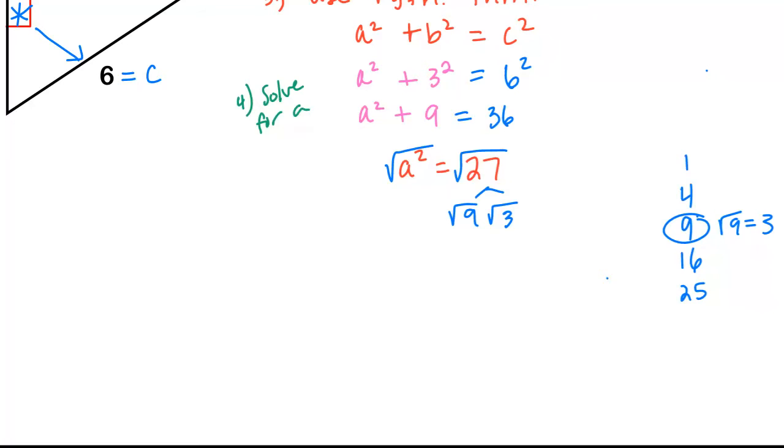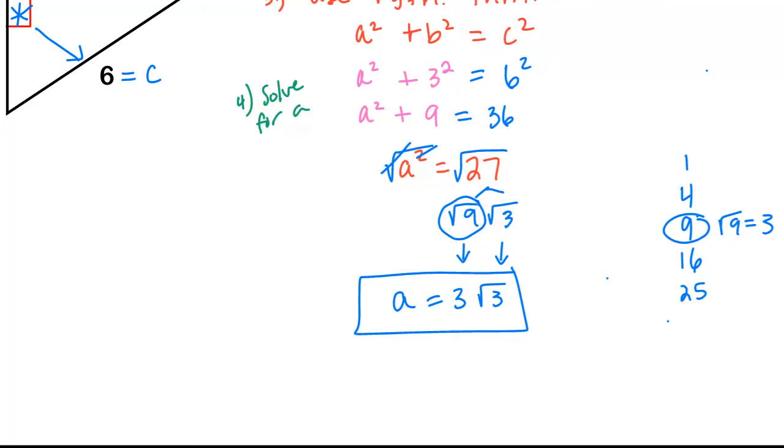No more radical, it just becomes 3 because 3 times 3 is 9. So the square root of 9 is going to be a 3. And then just bring down the square root of 3. And then the square root and the square cancel, and it leaves you with A. So I have A is equal to 3 square root of 3, or 3 root 3.